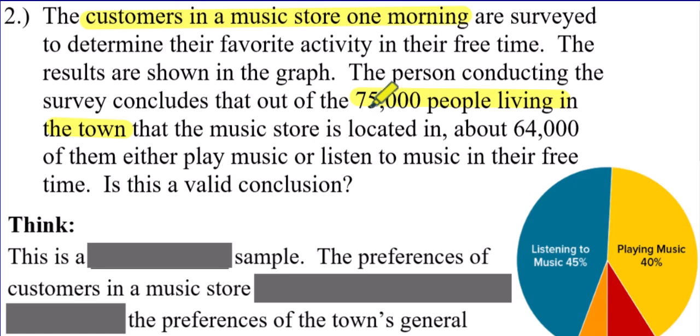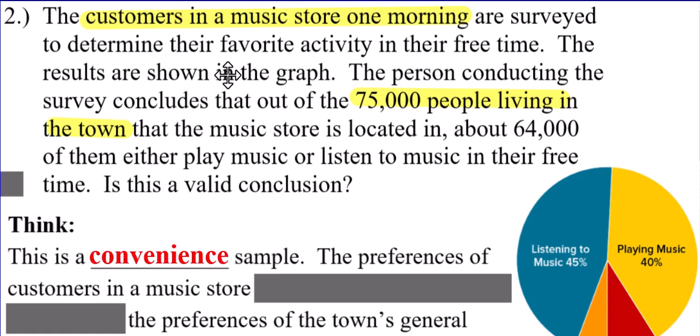Do all the people living in the town go to this music store? I mean, some of them might buy their music online. Some of them might not even care about music and therefore would never go online music shopping or even go to the music store. So there's an issue with this. This is actually a convenience sample.